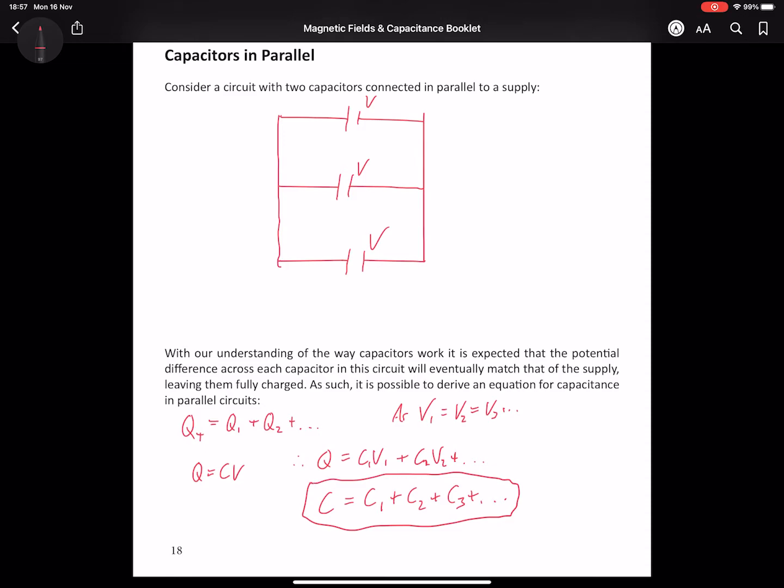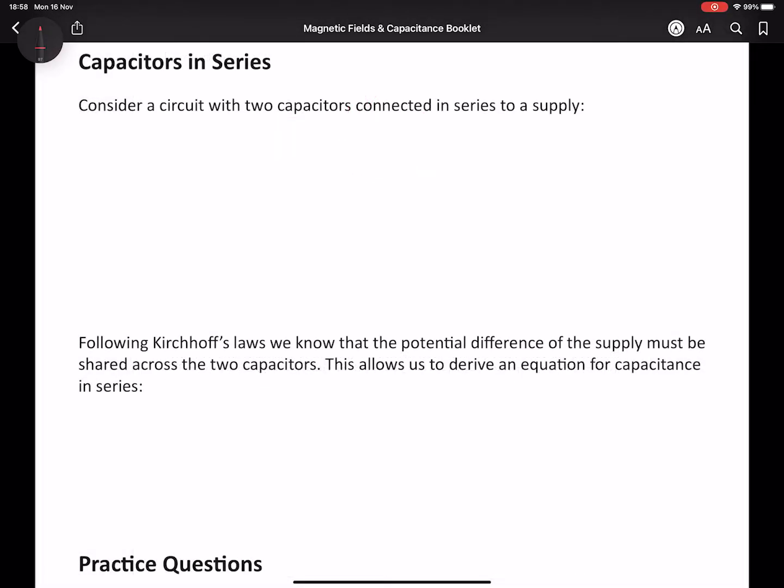Now, this should look familiar because this is very similar to the structure that we had for the resistance of resistors placed in series. So we have an opposite situation here. What's true for resistance in series is true for capacitance in parallel. So let's see if that carries over for capacitors in series.